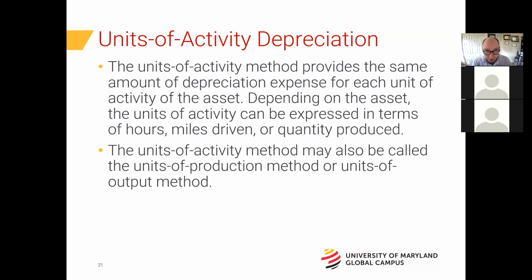As we continue, we just covered the straight line depreciation method, which is the most commonly used. Straight line depreciation and double declining balance are probably the most common ones, largely because of tax reasons and the deduction methods allowed by the IRS.